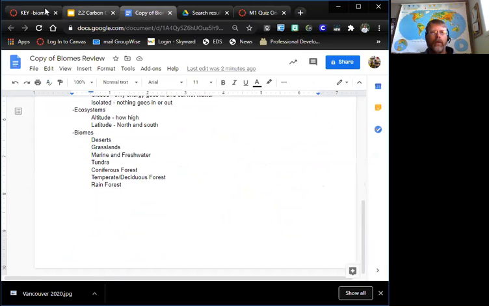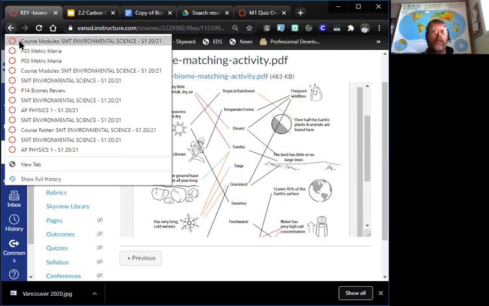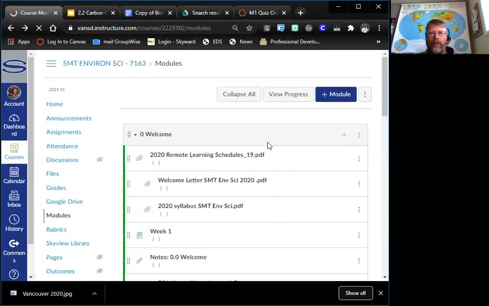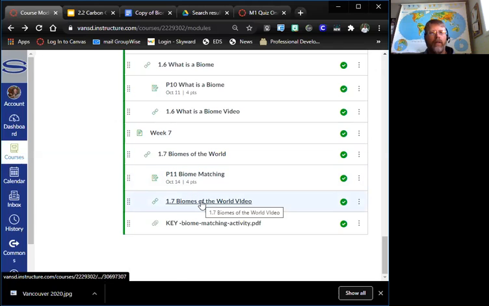So again, the key here is to work your way through the modules, make sure that you have all of the notes done and all of your assignments done, and either it's all in your brain or it's all in your notebook, and you'll be ready for the quiz.